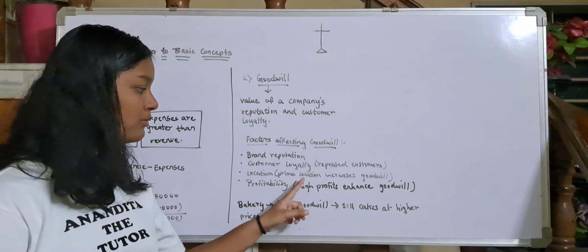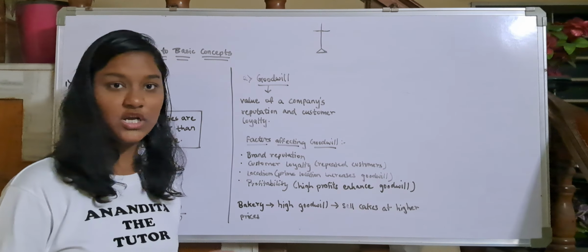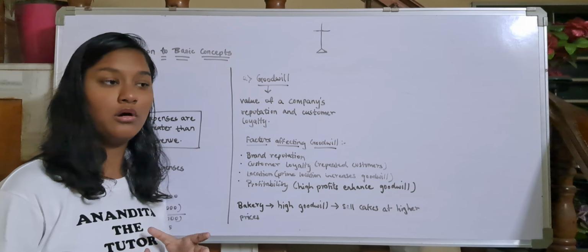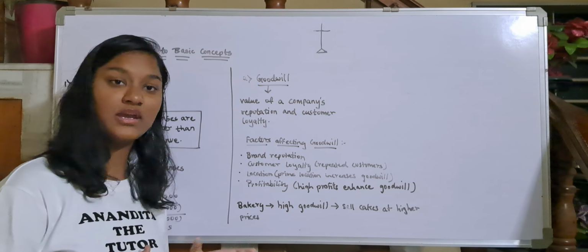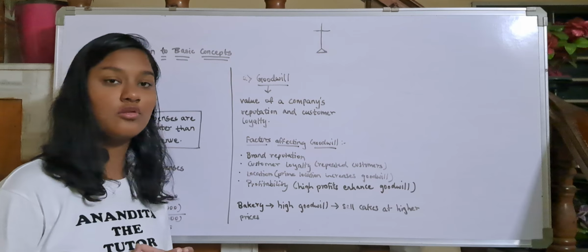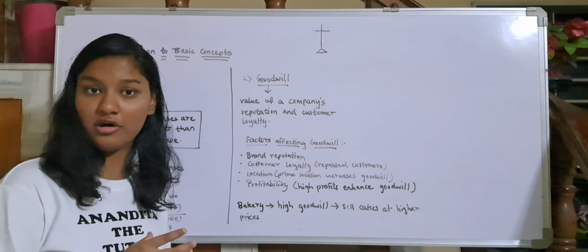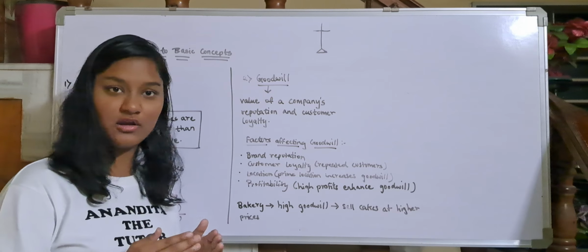Then location. Prime location increases goodwill. What is a prime location? Where more people are going and coming, that location is known as a prime location, like the heart of a city.